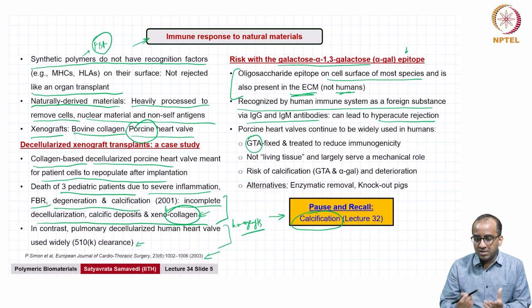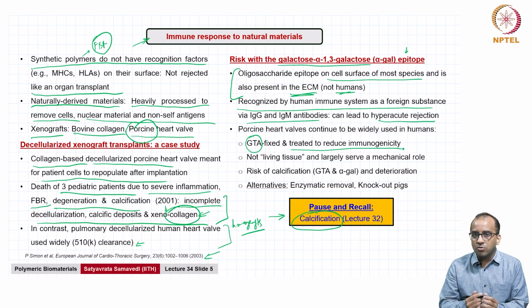So, when you have these porcine heart valves that are removed from pigs, they are fixed with glutaraldehyde and treated appropriately to mask, if you will, all of these epitopes to get rid of many of them, but whatever remaining is also masked, the collagen gets cross-linked, and that in turn reduces the immunogenicity within the host. So, once this is implanted within humans, the body does not mount as strong an immune response, right, and any immune response that is mounted is usually taken care of in the initial period at least through drugs that are supplemented.